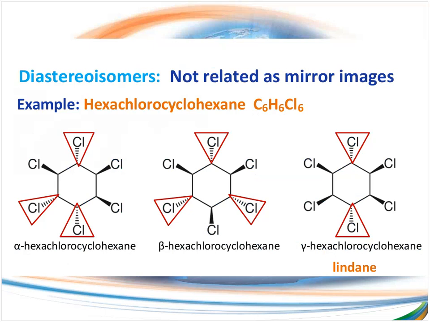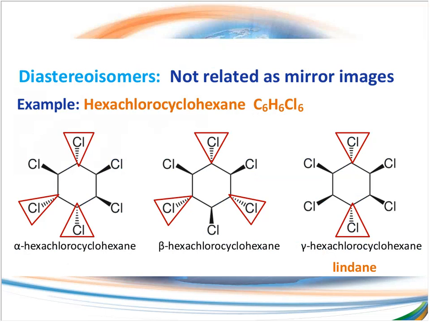Then there are those stereoisomers which are called diastereoisomers, which are not mirror images of each other, and the example here is hexachlorocyclohexane, which has the same molecular formula, C6H6Cl6. The structural formula is the same.